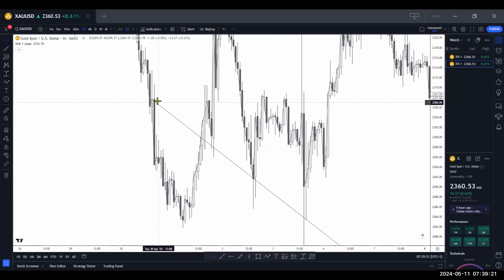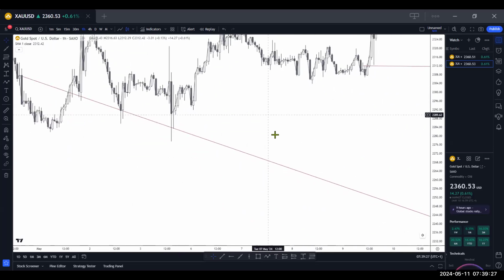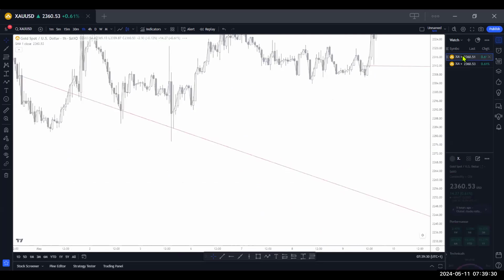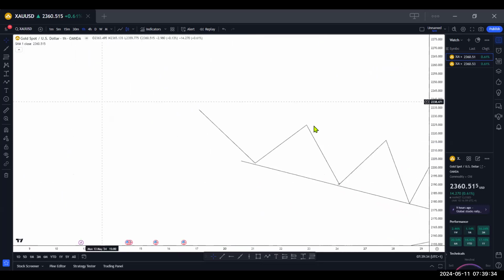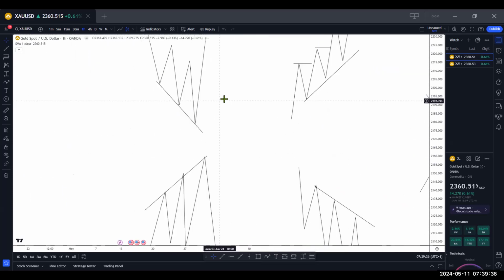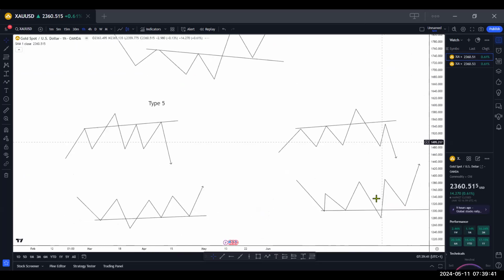So that's type 6 trend line. Right now, the next trend line, which is perfect for scalping, is called a Codex.